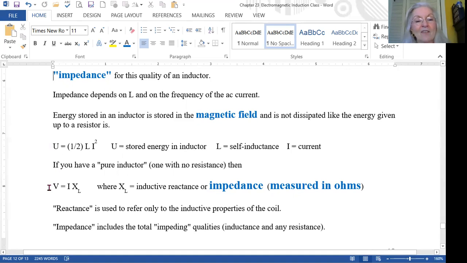You can have inductive reactance or impedance. It would be measured in ohms. So reactance is used to measure only the inductive properties of the coil, and impedance looks at the total impeding qualities. So that's the inductance and any resistance that you're dealing with.